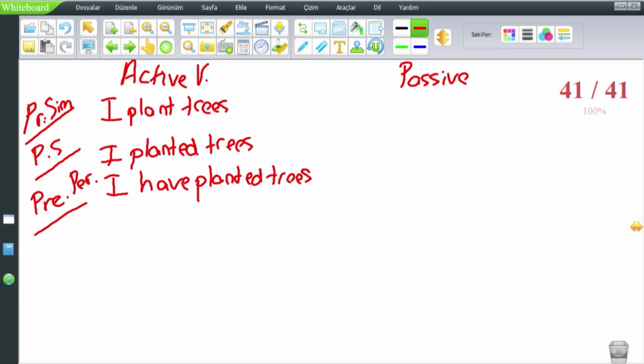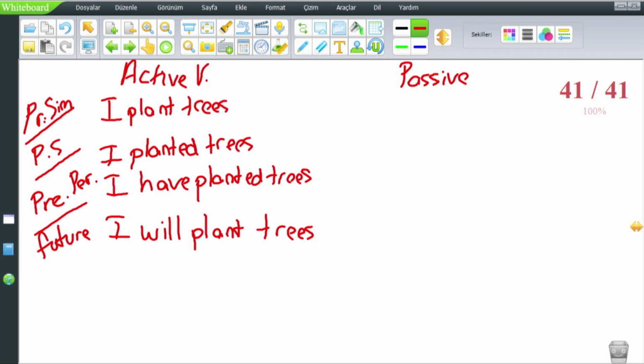And I will plant trees in the future. And the last one is past perfect: I had planted trees.